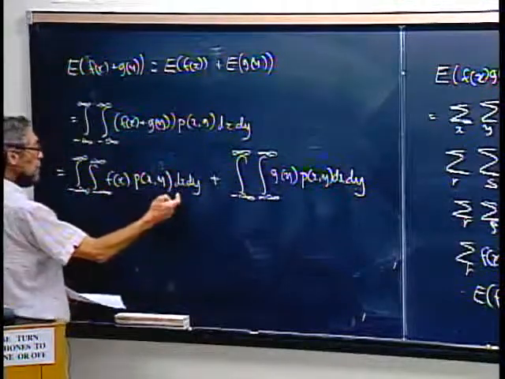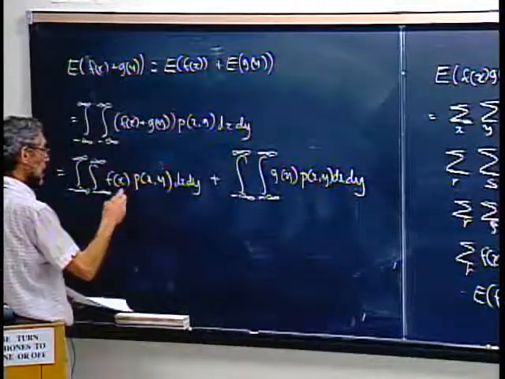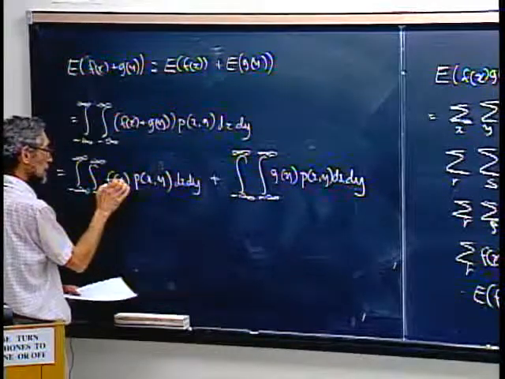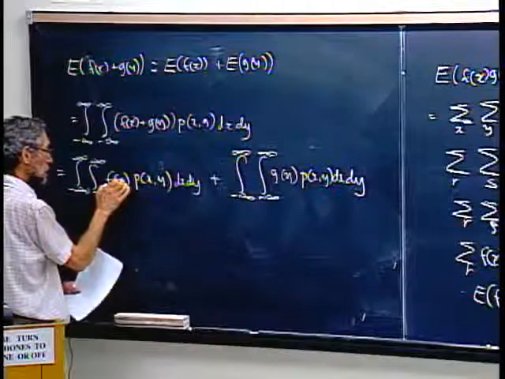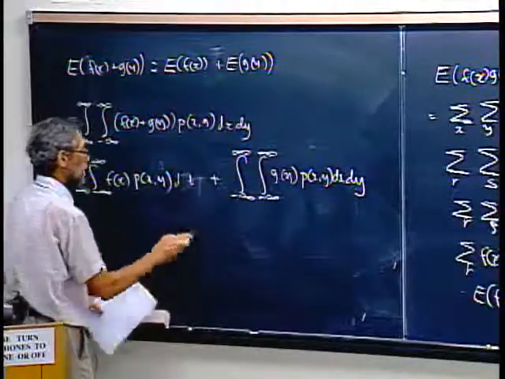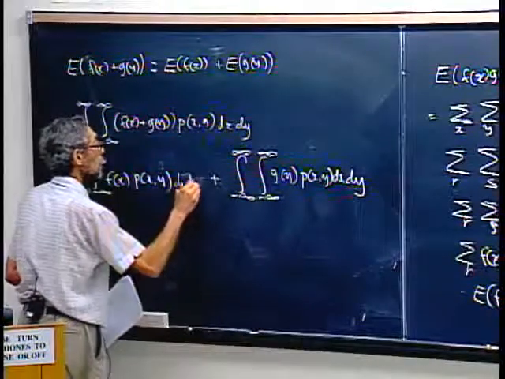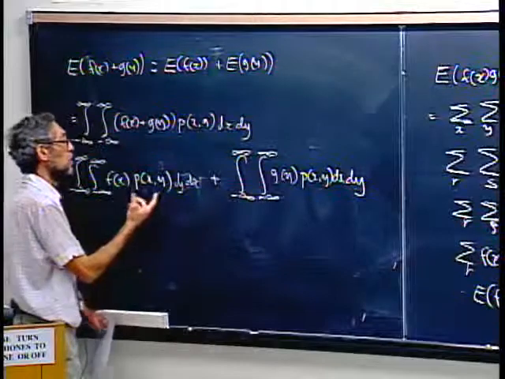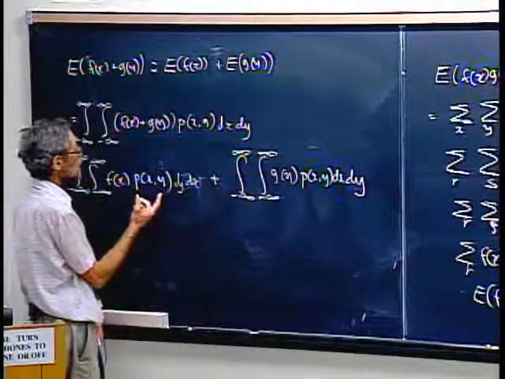But I can still do something with this term, namely this f of x can be, let's write it like this, dy dx. An outer integral over x times an inner integral over y.